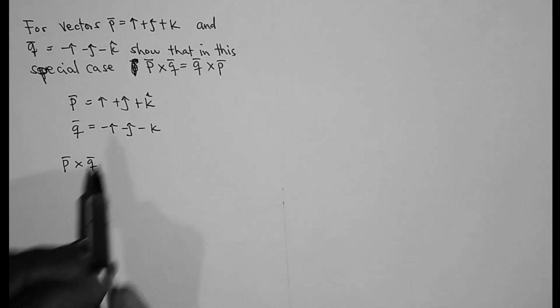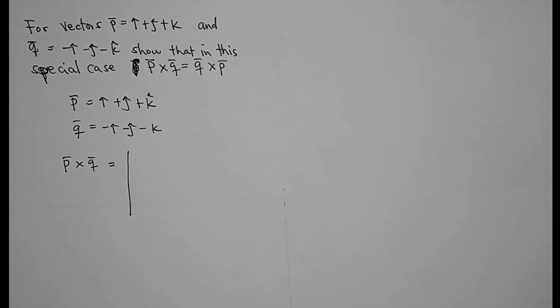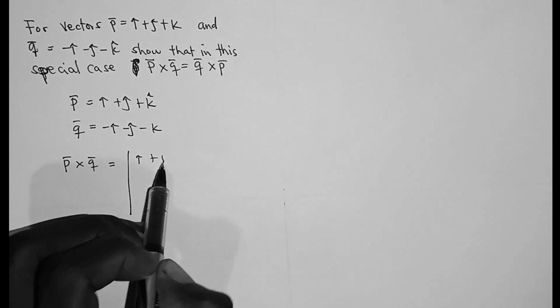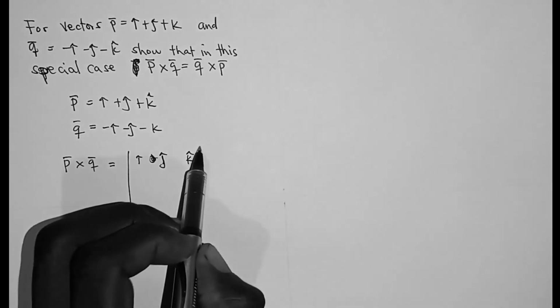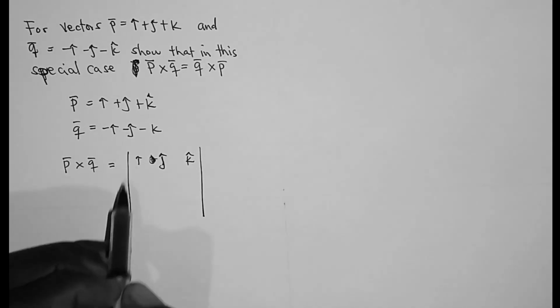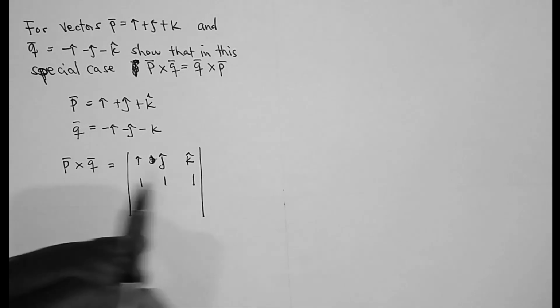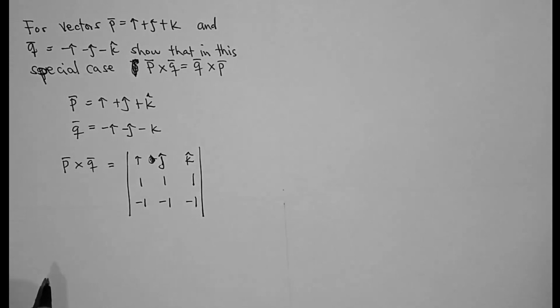In that special case, let's first find vector p cross vector q. In Cartesian form, this is i, j, k, and p is 1, 1, 1, and then q is minus 1, minus 1, minus 1.